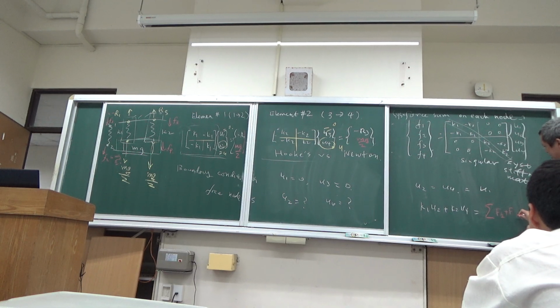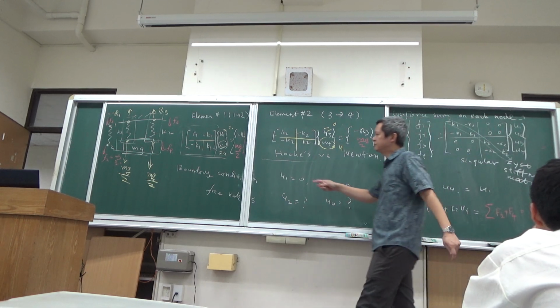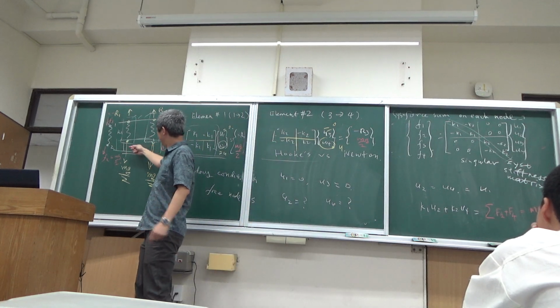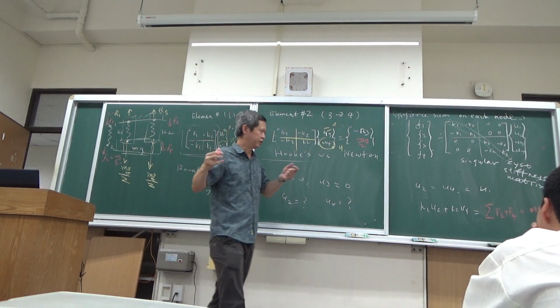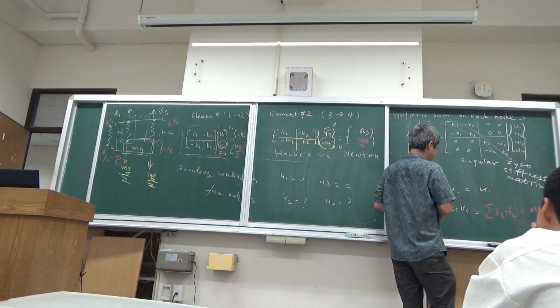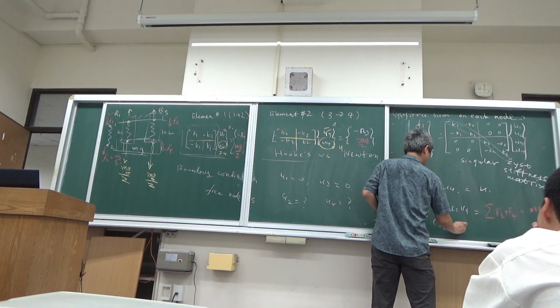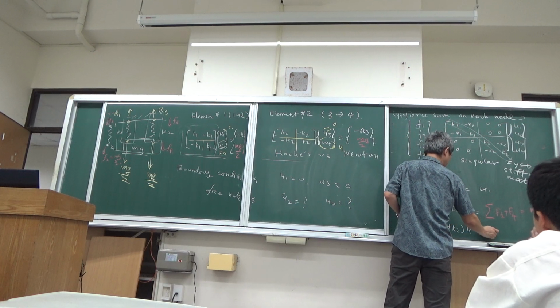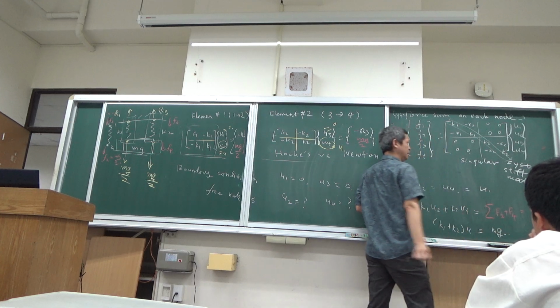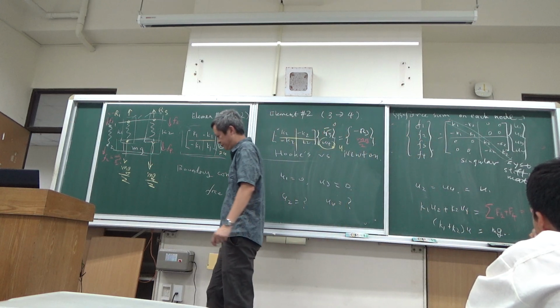It has no physical meaning. It just helps you to do the solution. The physical meaning is you take this whole bar as one whole rigid body taking up the load. So from here you have K1 plus K2 times U is equal to mg. So this is the solution.